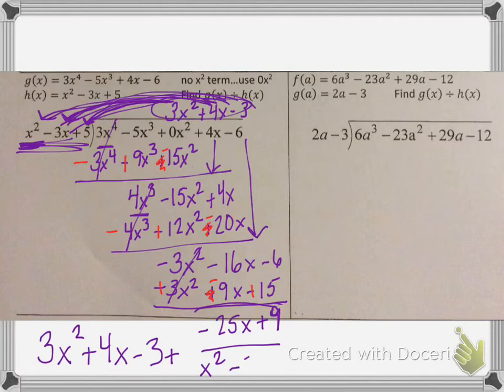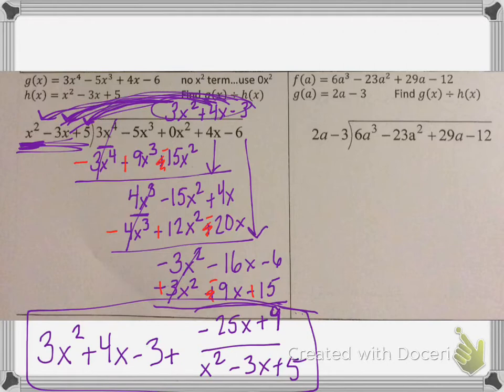So x to the 3rd minus 3x plus 5. So you really have this big ugly fraction at the end. 3x squared plus 4x minus 3 plus this ugly thing that says negative 25x plus 9 over x squared minus 3x plus 5. Okay, so that one's pretty ugly.